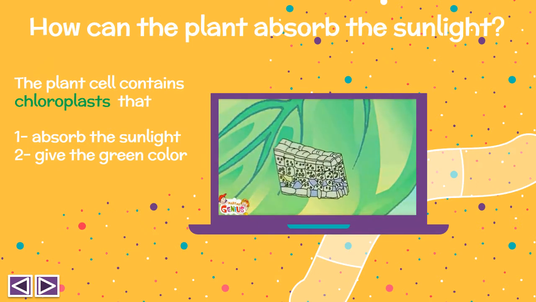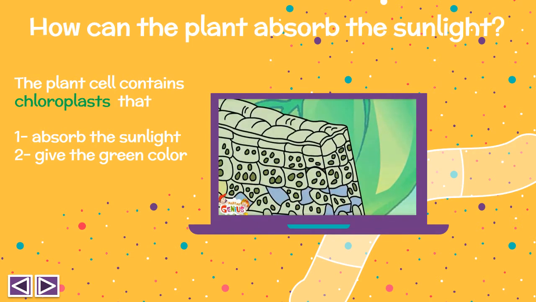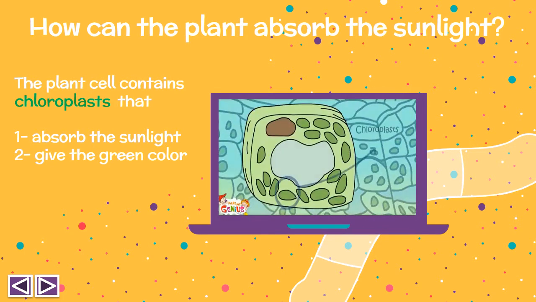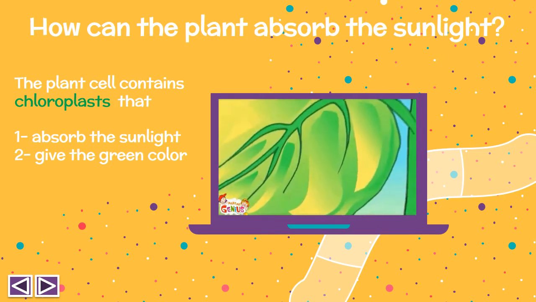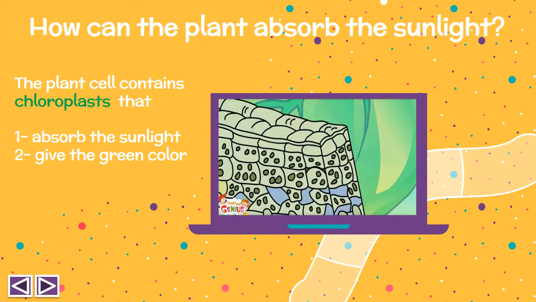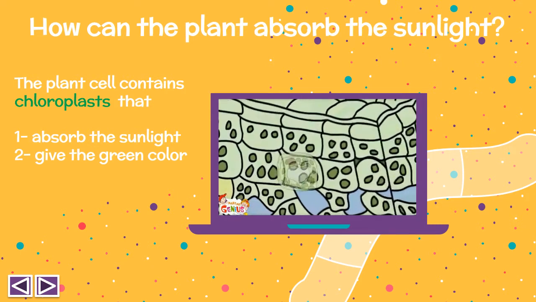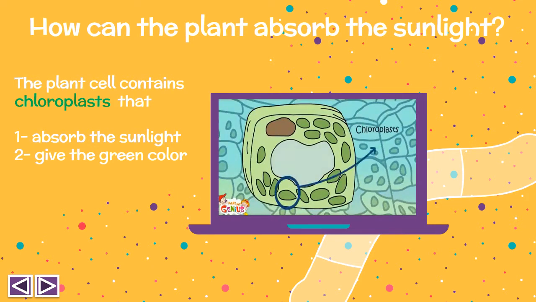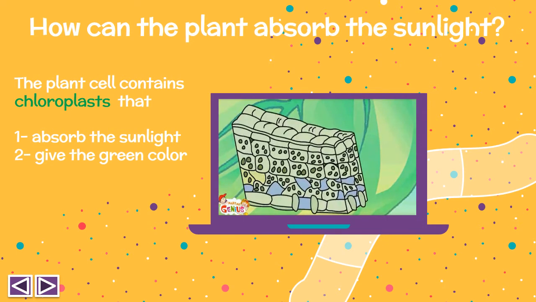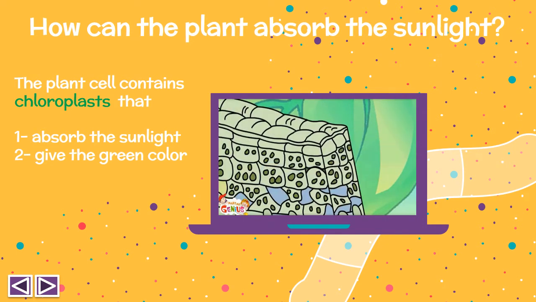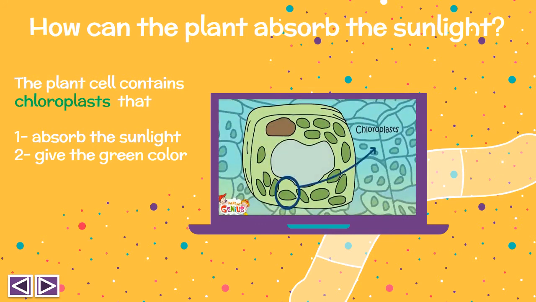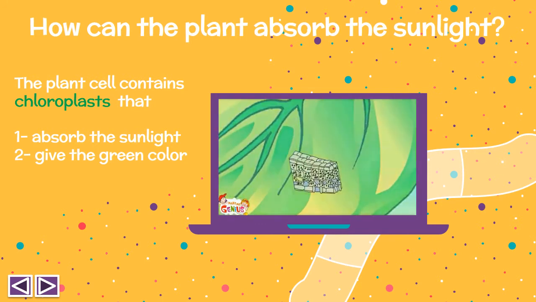Now, how can the plant absorb the sunlight? As I said before, in the photosynthesis process, the plant absorbs sunlight. How? As you studied in primary 4, if you remember, the plant cell contains chloroplasts.